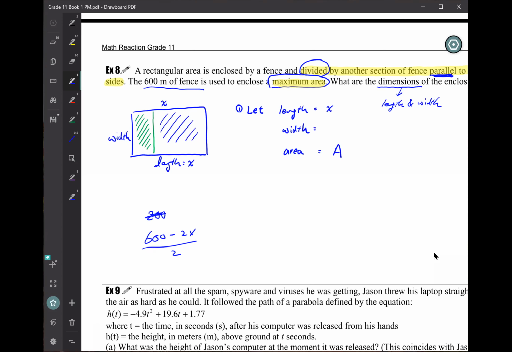Because 600 is the total length of the total fence. Yeah, okay, and then take away the 2 lengths. And why do you want to divide by 2? Because there are also 2 y's. Yeah, okay, 2 widths.